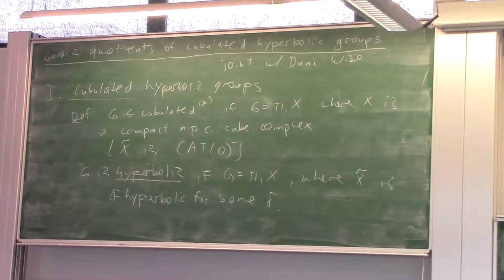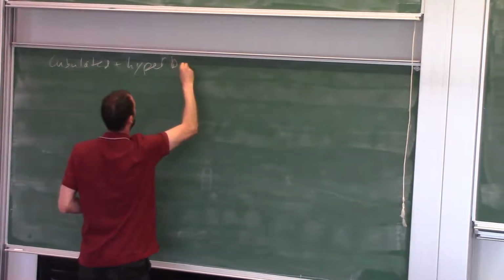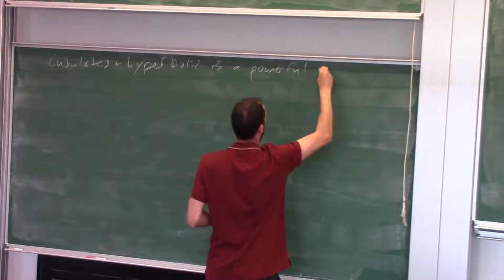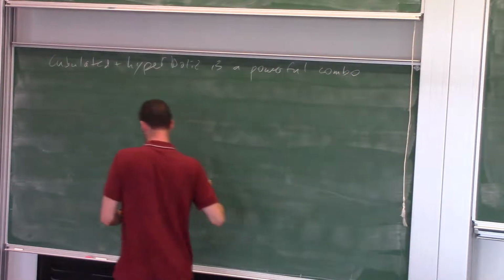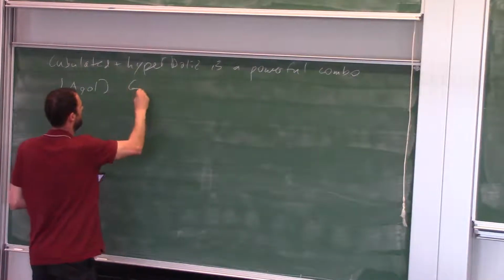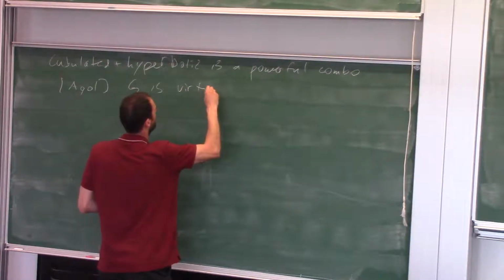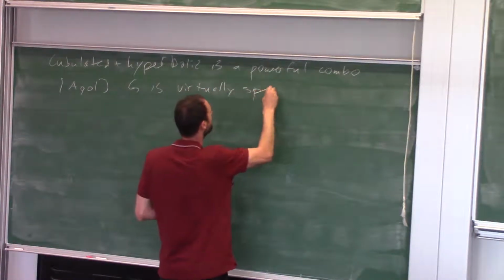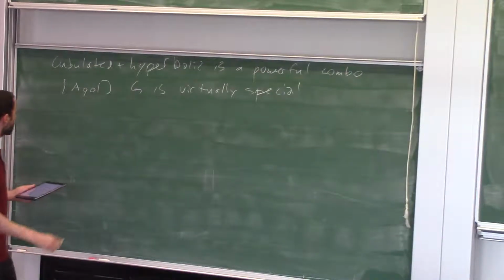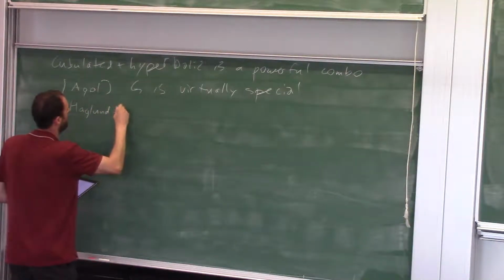Cubulated plus hyperbolic is a powerful combination whereby the theorem of Agol, this implies that G, in fact the cube complex itself, is virtually special. So it virtually embeds into a right-angled Artin group by an earlier theorem of Haglund and Wise.